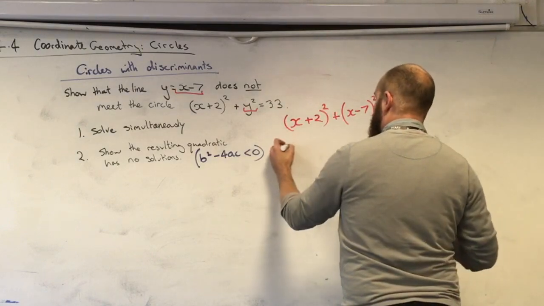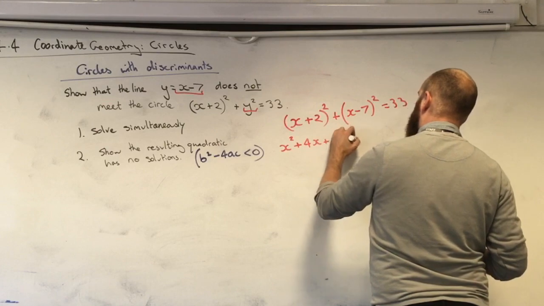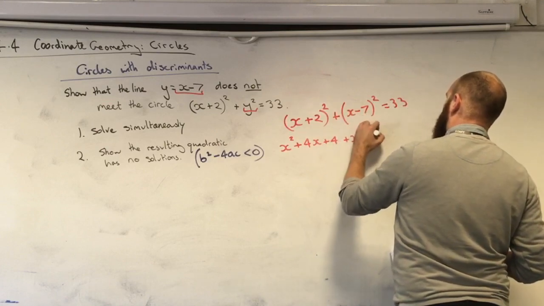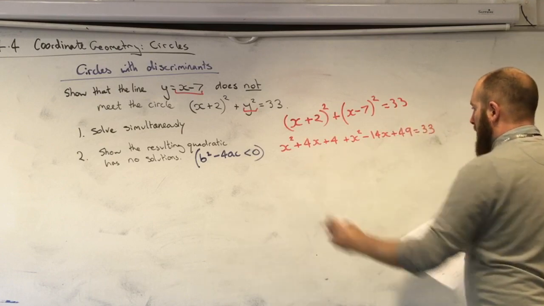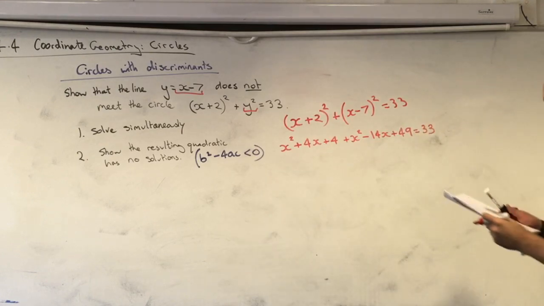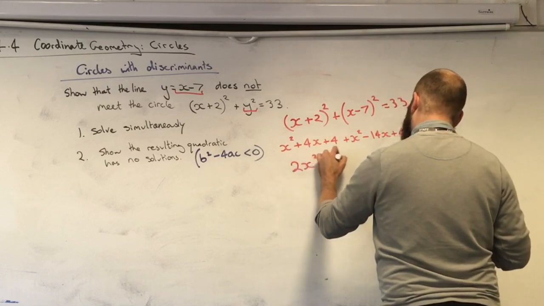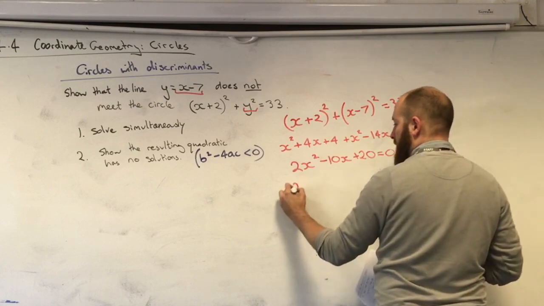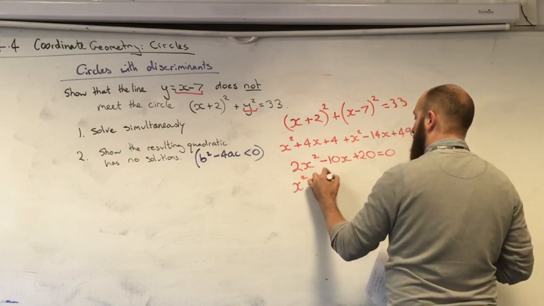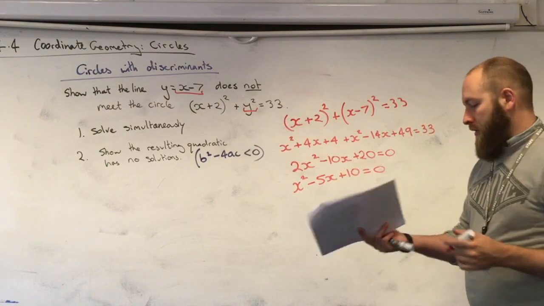If we expand all of that, we get that lovely long quadratic there, and simplifying that we can halve that, and now we need to show this has no solutions.